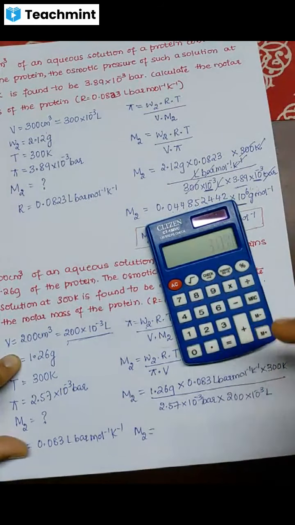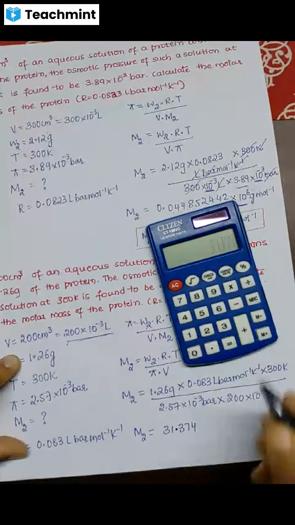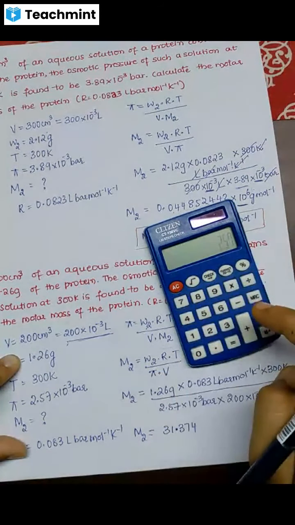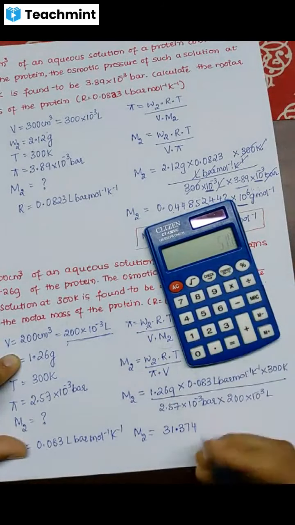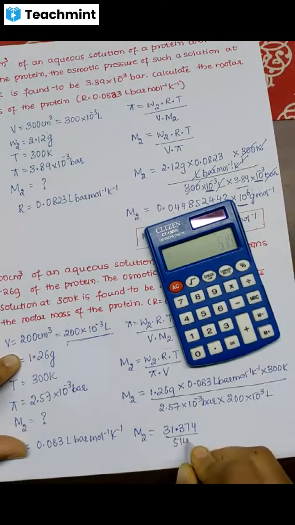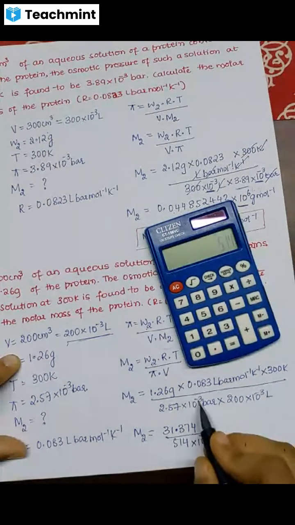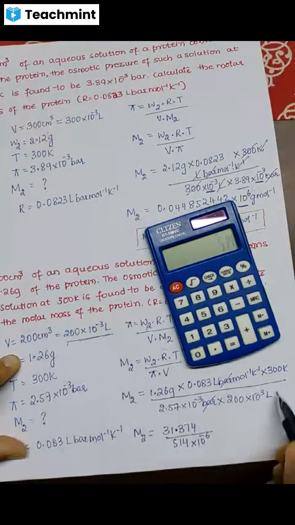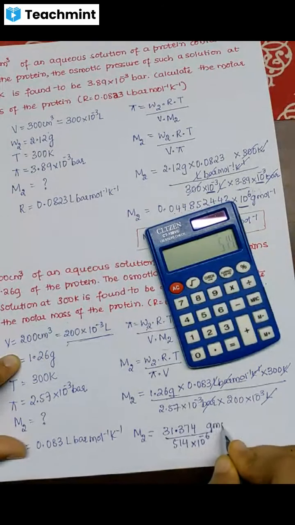I get my value as 31.374, and in the denominator it is 2.57 into 200, which is equal to 514 into 10 to the power minus 6, because minus 3 plus minus 3 gives minus 6. Then bar, liter, Kelvin per Kelvin get cancelled, and the unit remaining is gram per mole.